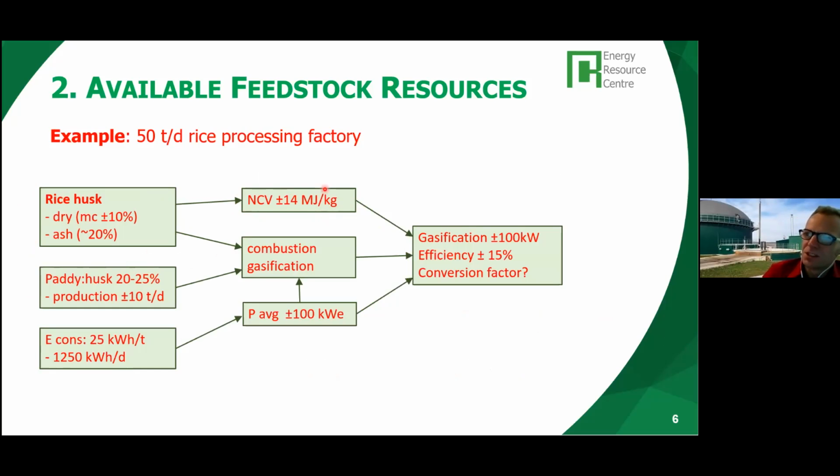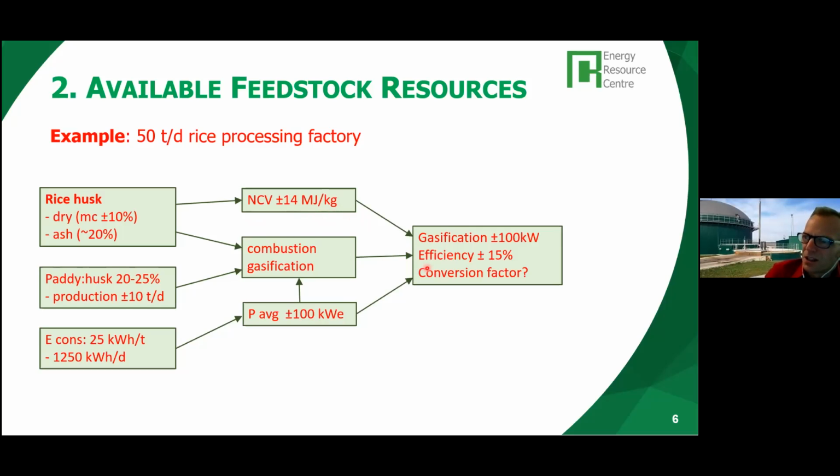You can convert this to kilowatt hours per kilogram by dividing by 3.6, which gives 3.9 kilowatt hours per kilogram.